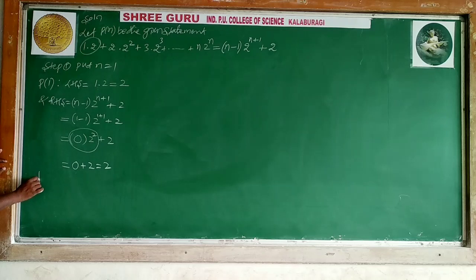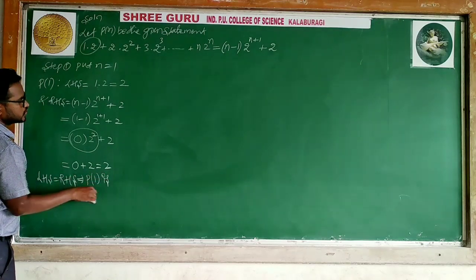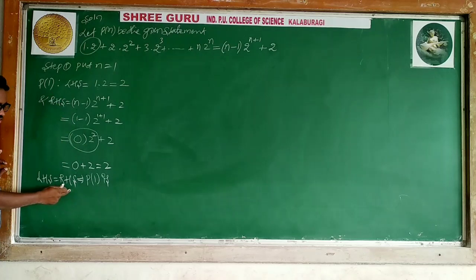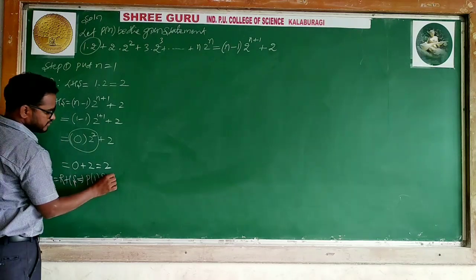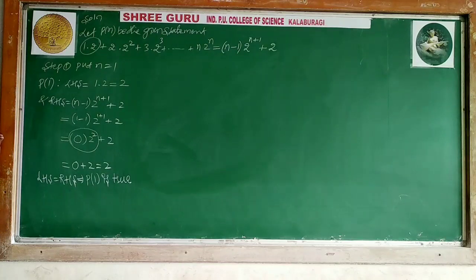So LHS is equal to RHS. It implies P of 1 is true. Our job is over, the first step is over.